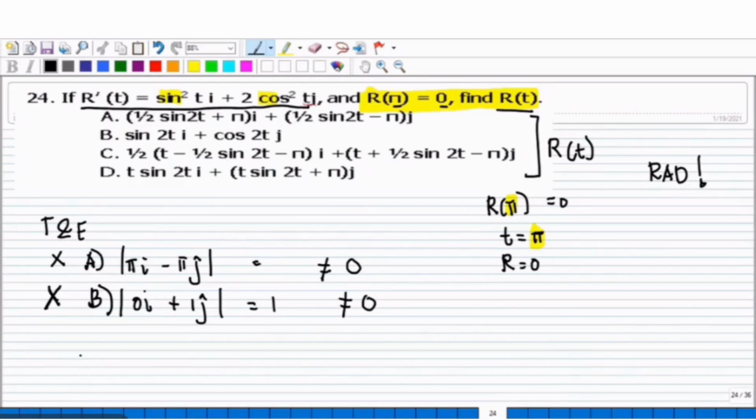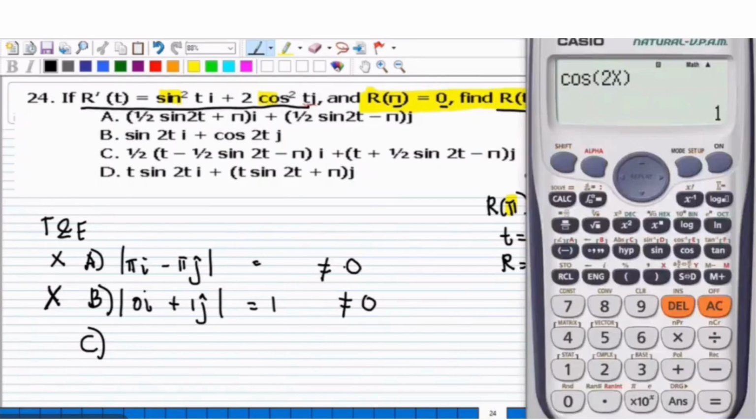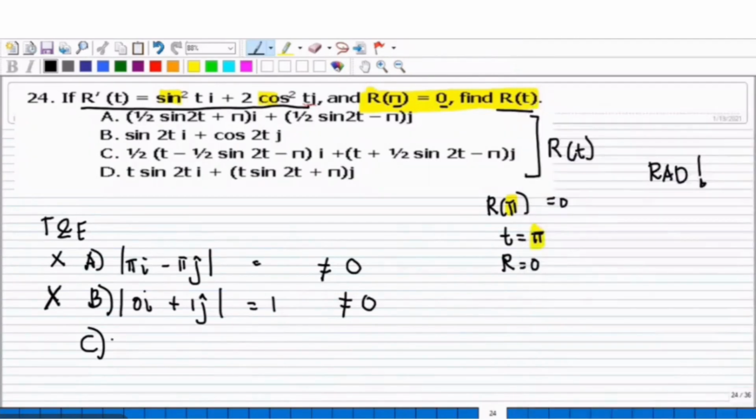So, try natin letter C. Medyo mahaba-haba lang yung letter C. So, this is 0.5 times the quantity t, which is x, minus 0.5 sine of 2x, minus pi. Close lang natin, calc lang natin yan. 3.14. So, 0i. Then, plus.